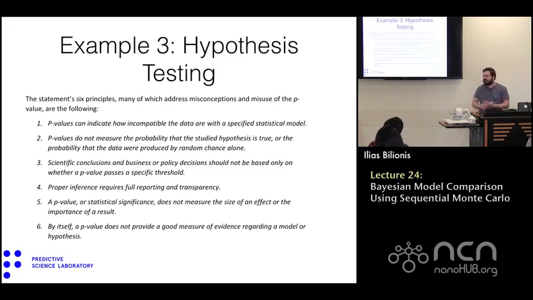So there's a big issue right now on reproducibility of scientific results. There are many examples of scientific papers, peer-reviewed papers, that are not reproducible. And there have been experiments trying to reproduce the outcomes of peer-reviewed papers.